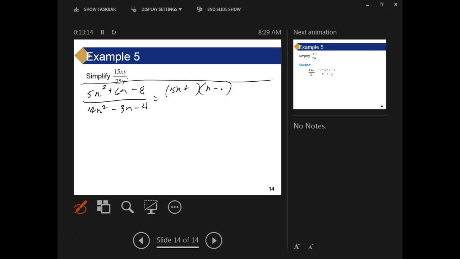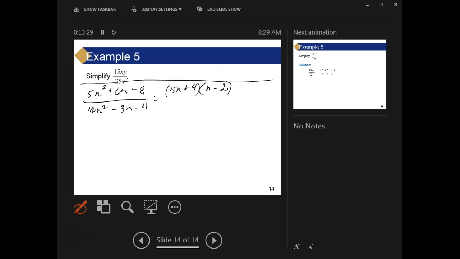Now, possible factorizations for 8. We have several. What would be your first guess? 4 and 2. In that order? Let's try it. Okay?